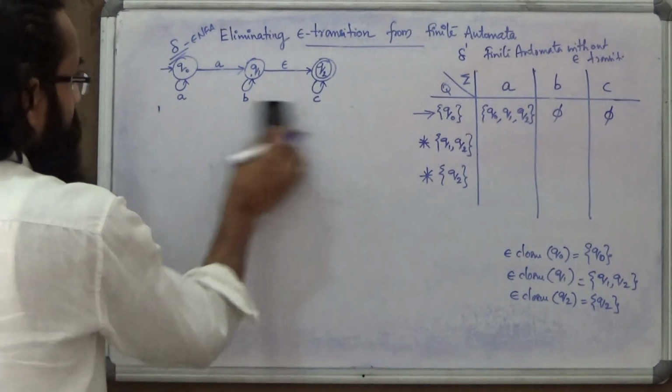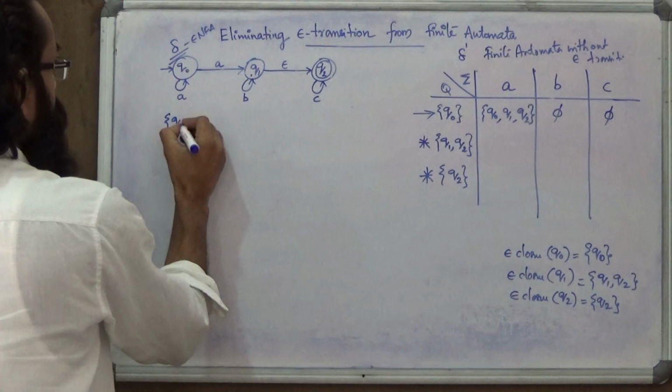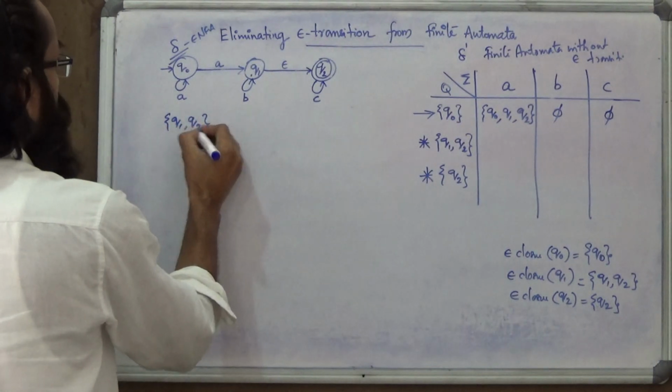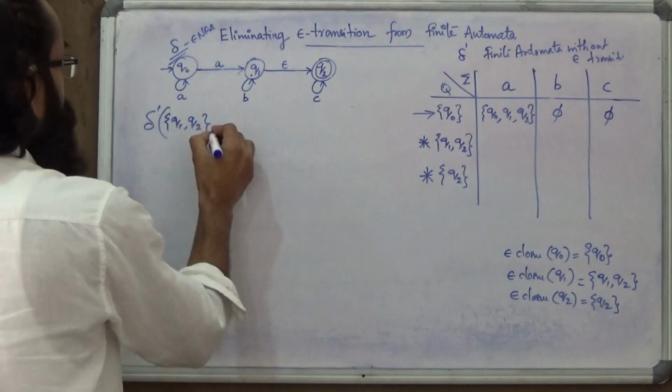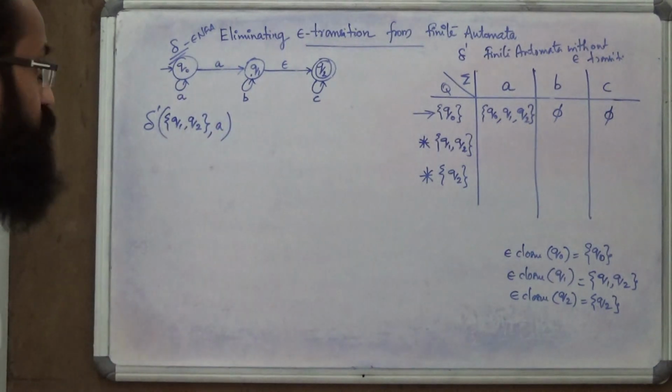Now we can consider the next state. Next state is the set Q1, Q2. To this state you have to apply input A, that is delta dash Q1 Q2 A. So how will you expand this?